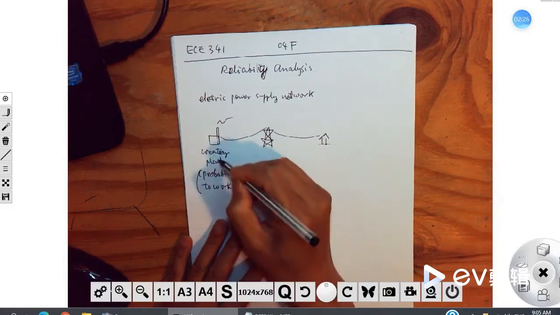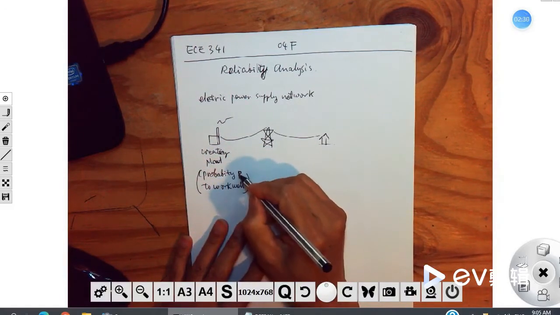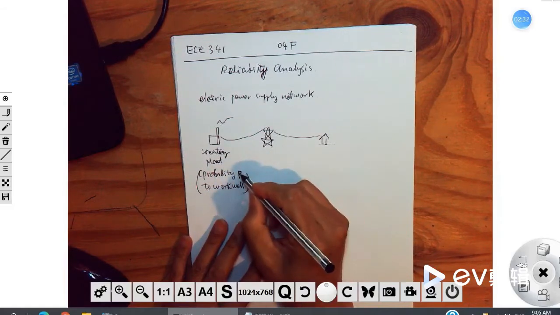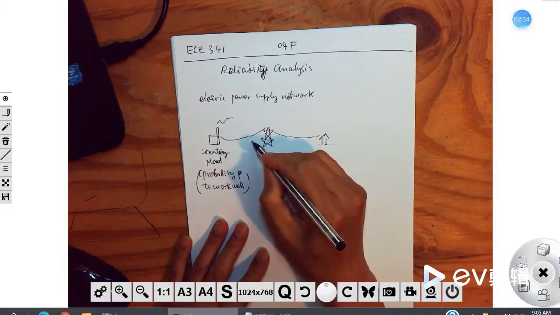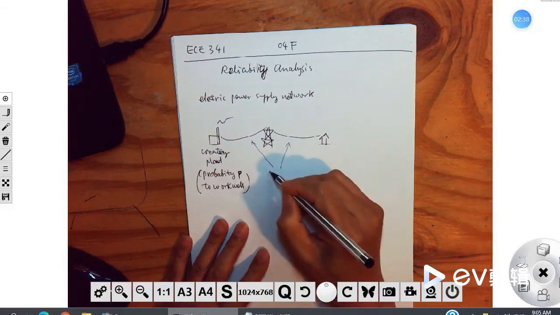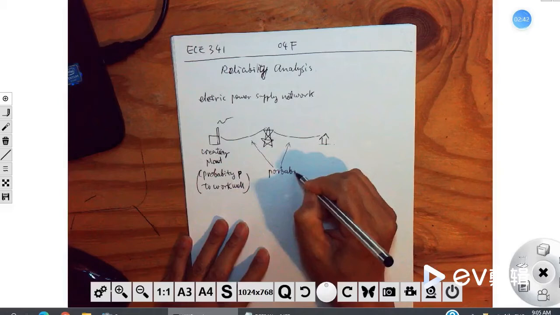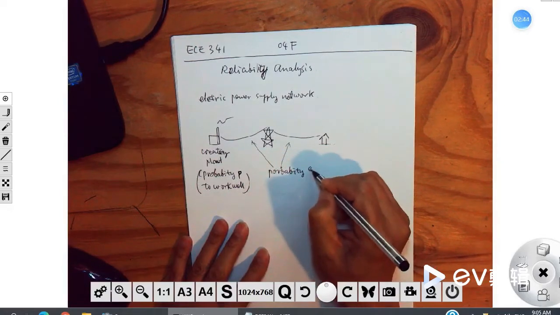The plant may work well, or it may go wrong, so there is a probability here. And each wire in the network also has a probability, Q, of working well.